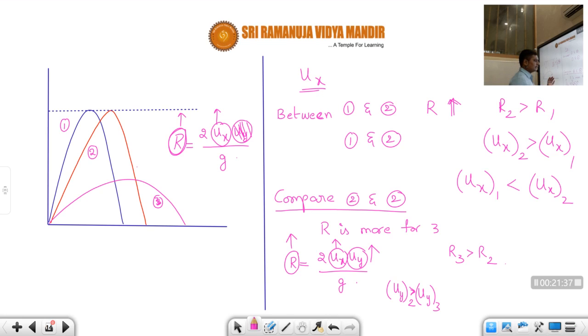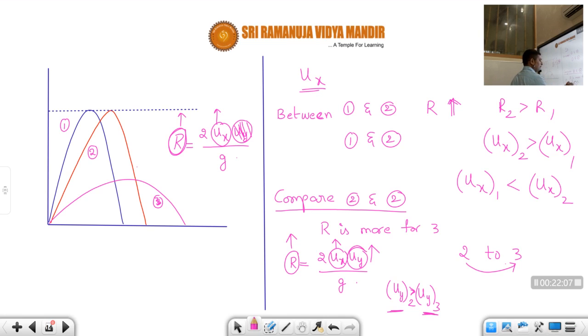Once again I am telling, please hear attentively, students. Between 2 and 3 we are comparing. Just by seeing the diagram we can say that range is more for 3 than 2. As you are going from the second projectile to the third projectile, range is increasing. Now we already have the relation Uy of 2 is greater than Uy of 3.